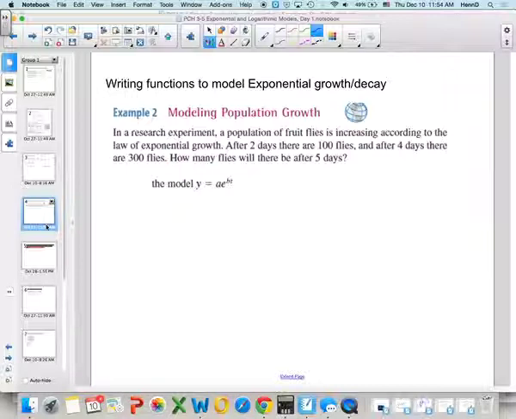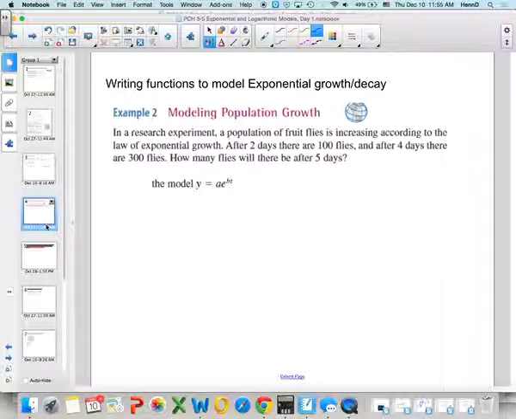After 2 days, there are 100 flies, and after 4 days, there are 300 flies. So we want to know, how many flies are there going to be after 5 days? Okay? Fruit flies reproduce really, really fast. That's why they're used a lot in genetic experiments, especially in school. If you haven't done one already, you'll probably do an experiment with fruit flies at some point. Okay?